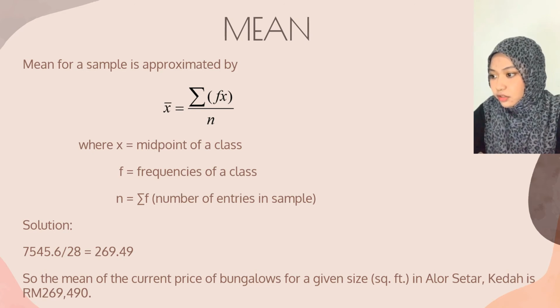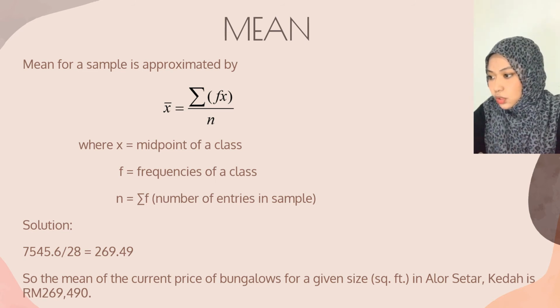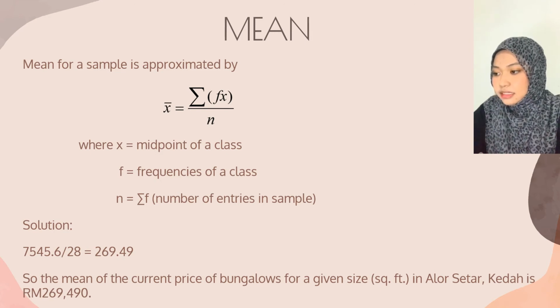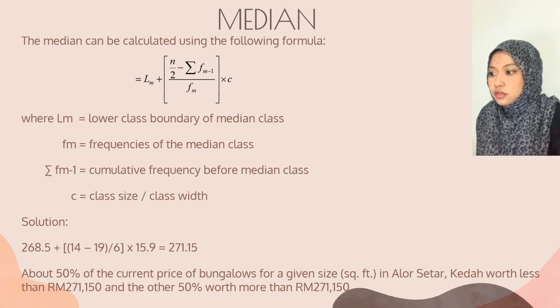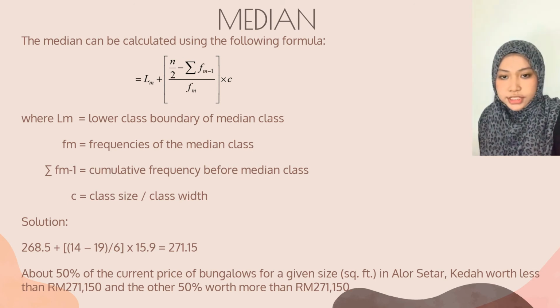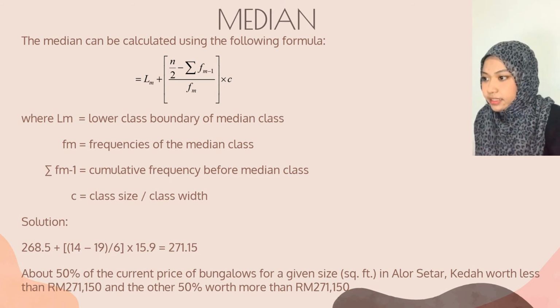So the mean of the current price of bungalow for the given size in square feet in Alor Setar, Kedah is RM269,049.